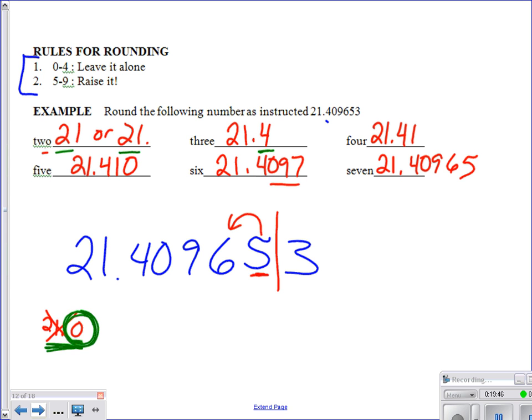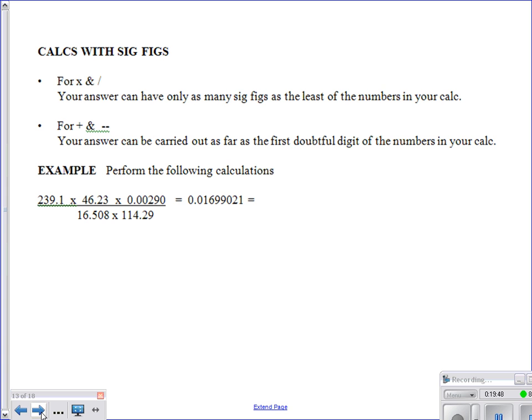Let's go ahead and see now how we go about doing some calculations with significant figures. And I'm going to reword these because I don't really care for the way it's phrased. We have two different sets of rules that we're going to use. We're going to have a set of rules for multiplication and division, and a set of rules for addition and subtraction, which is what this is telling us.